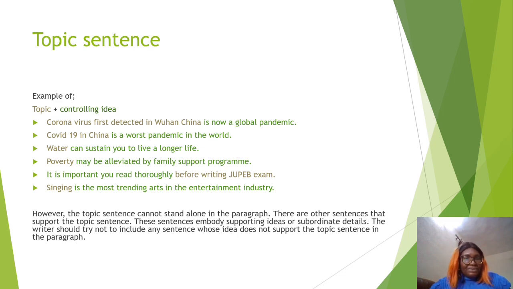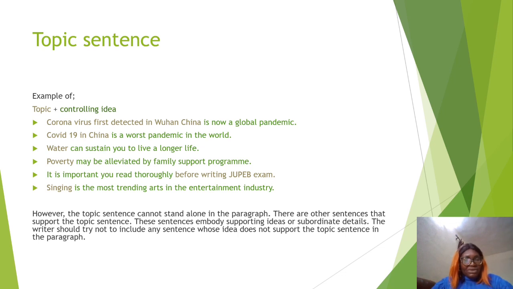For example, you can see the sentences highlighted, and the topic is written with brown font, while the controlling idea is written with green font. Now, take a look at the first one. Coronavirus, first detected in Wuhan, China, is now a global pandemic.